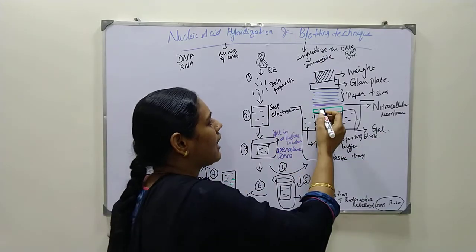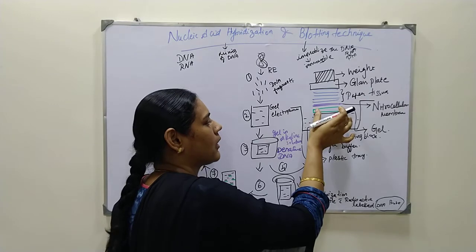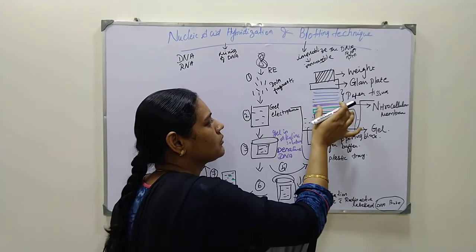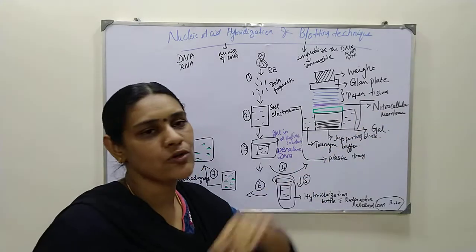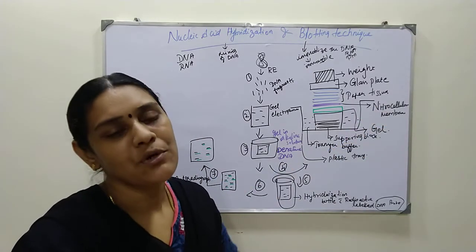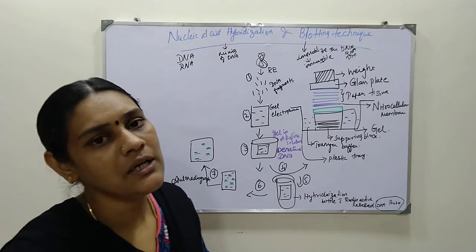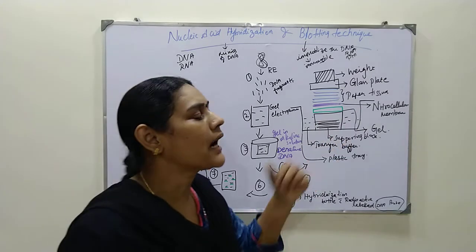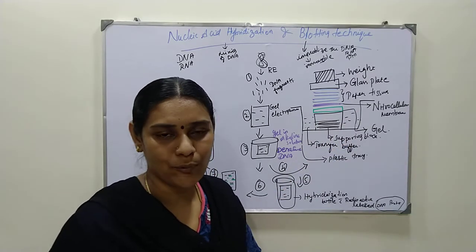Then on top of the gel, we are going to place the nitrocellulose membrane. What is this? The nitrocellulose membrane is a type of membrane mainly used for taking up DNA, RNA and protein.